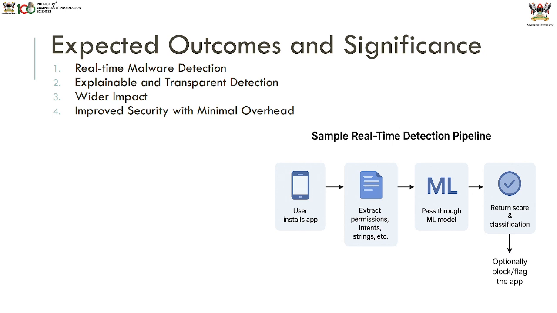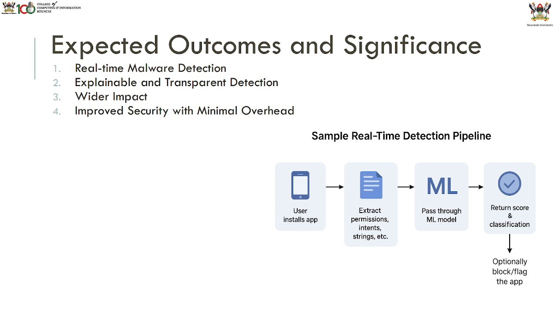We shall have a wider impact. Users will benefit, cybersecurity practitioners, the Android owners, they all benefit from this solution because it is secure. Then we shall also have improved security with minimal overhead because it's lightweight.